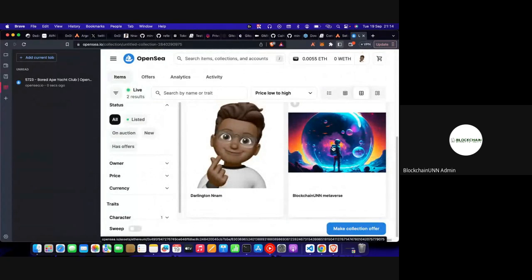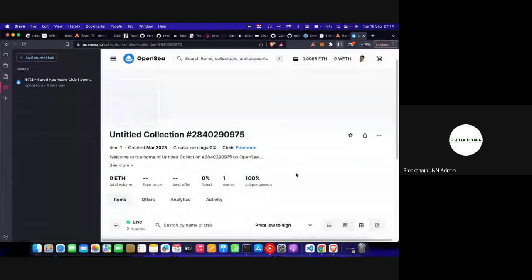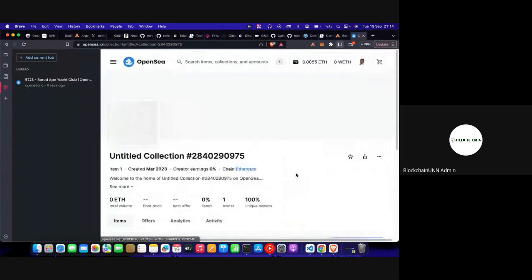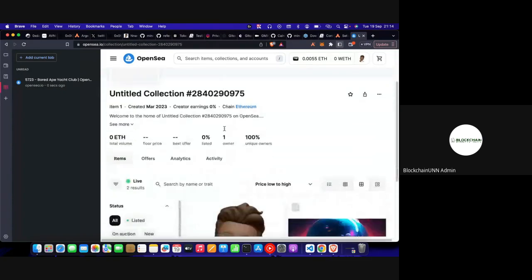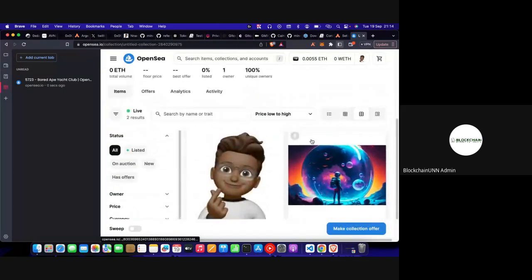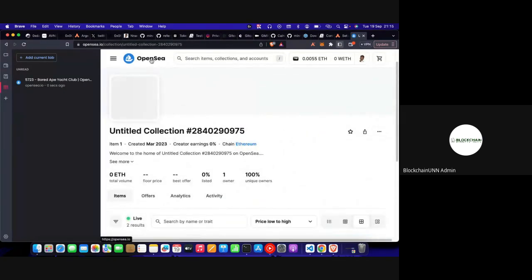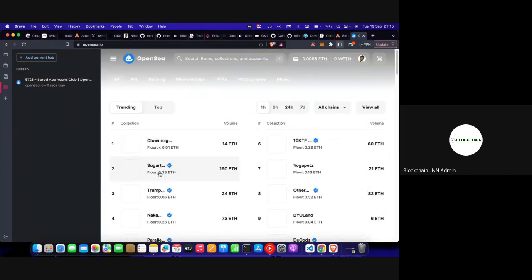And you can decide to make offers for them and so on and so forth. I don't think I have enough ETH to do what I wanted to do next. But I'll add prices to them later and I'll send them to the group so that guys can patronize me.